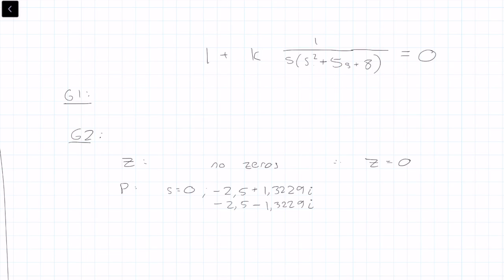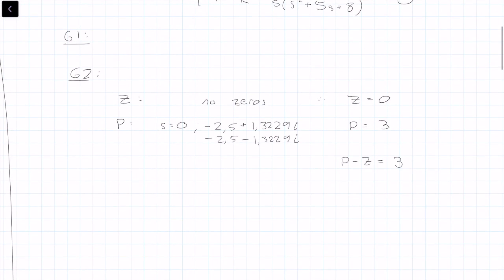So we have our conjugate pair, and therefore P is equal to 3, as we have 1, 2, 3 solutions. Then we go P minus Z, which is 3 minus 0, which is obviously 3.